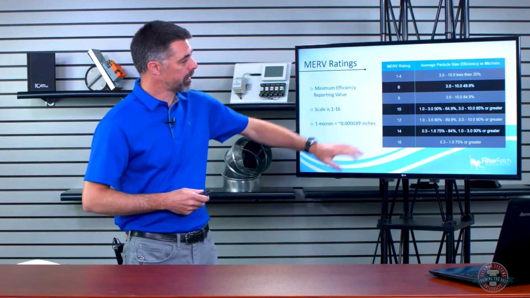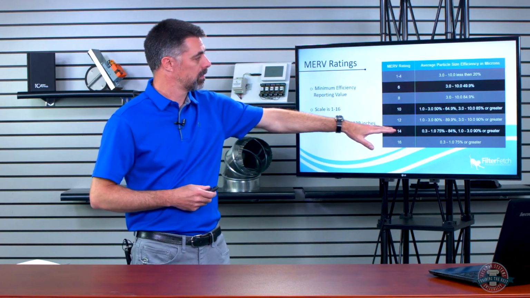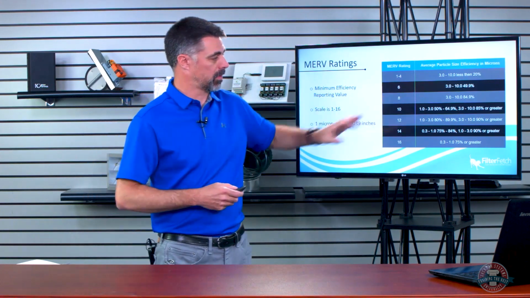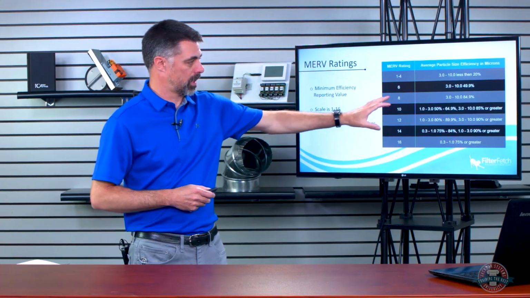All right. Moving up the scale, the higher that number gets in the MERV rating, okay, the more stuff it's going to catch. All this is available online. You can do an internet search for MERV ratings. You can see all this stuff and find that out when you want to know more information about it, dig into it a little bit deeper.